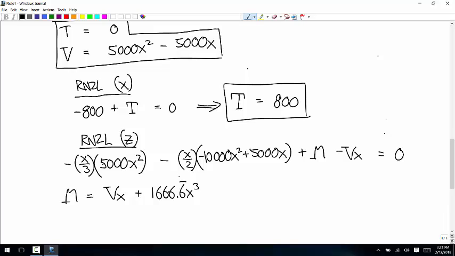And then this would be minus 5,000 x cubed. And then plus 2,500 x squared. Everyone agree with that?